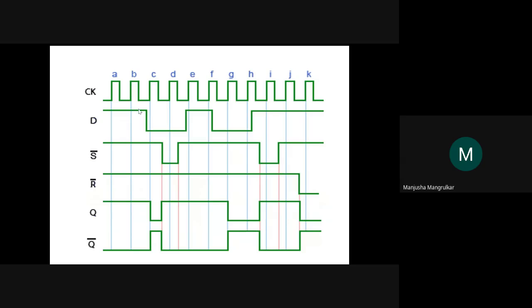When the D flip flop input is 1 at the clock pulse, what is your output? It will be the same as D, right? If it is a 1, your Q will be a 0, right? As it is. When D is 0, your output is also 0 for that particular clock pulse.